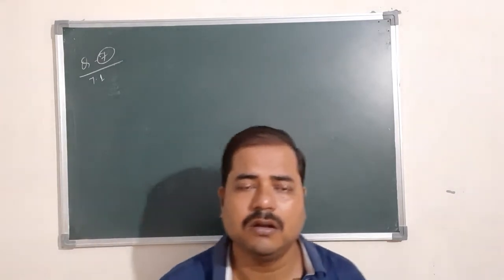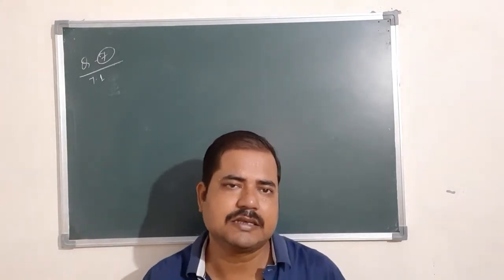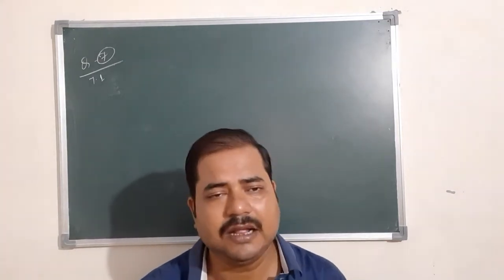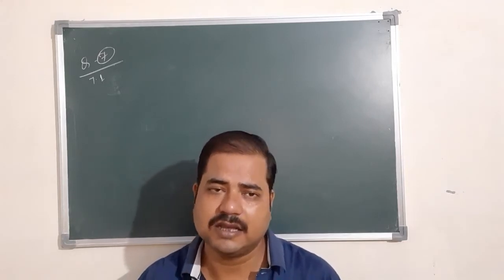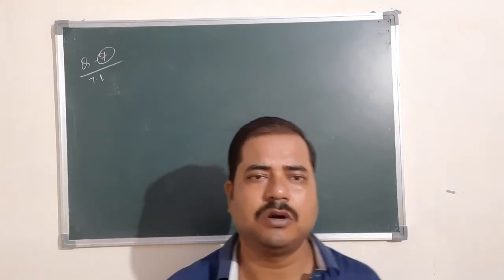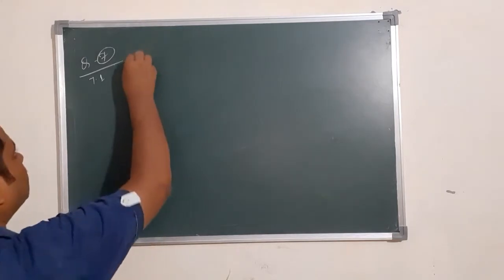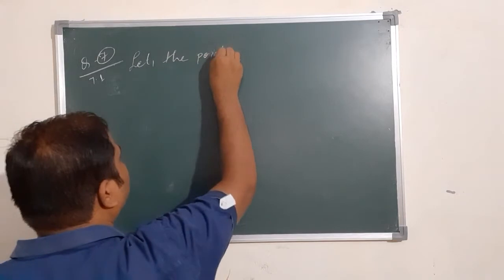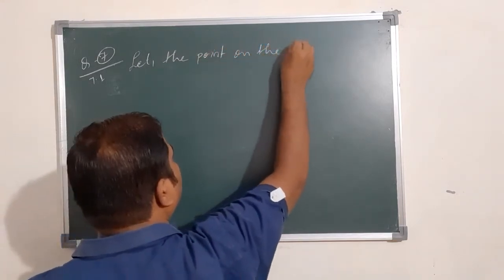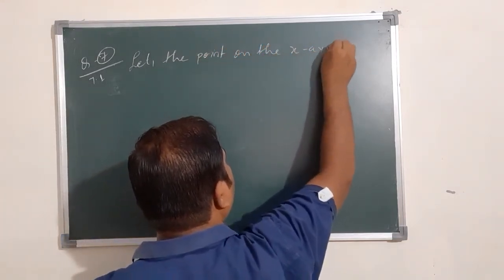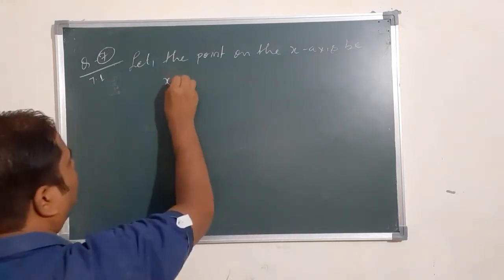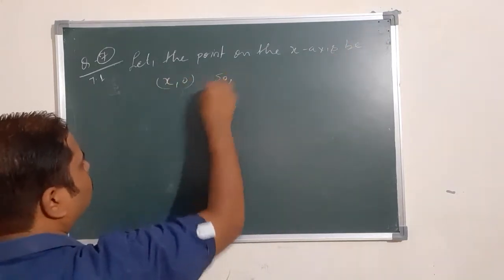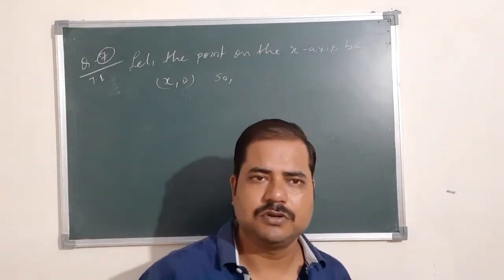So first of all, which type of point is on the x-axis? On the x-axis, y is 0, so the point is like (x, 0). So let the point on the x-axis be (x, 0).